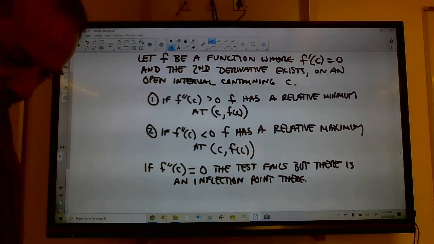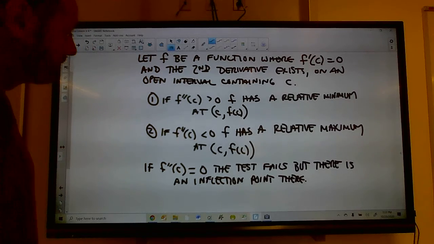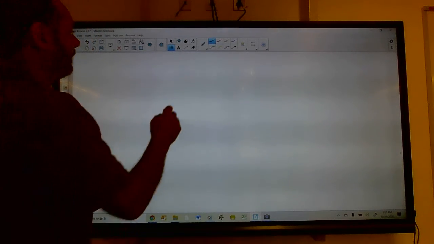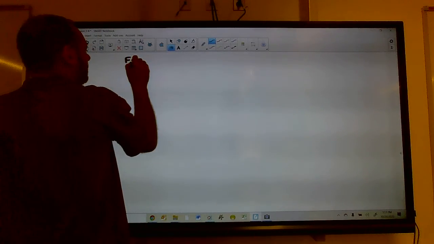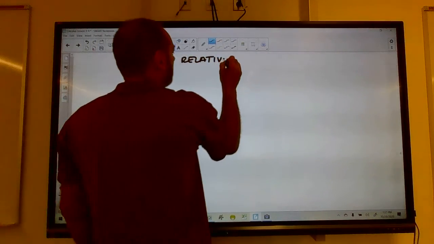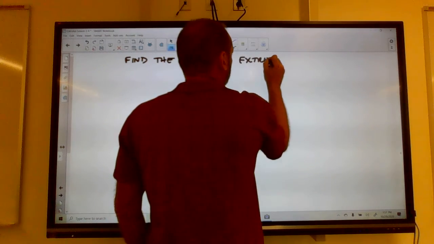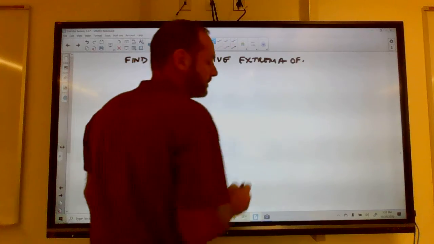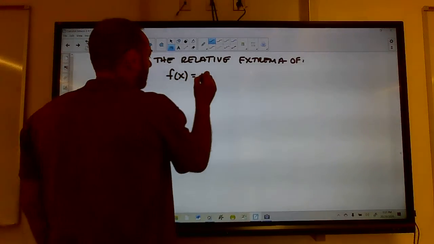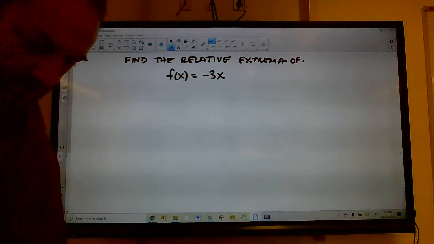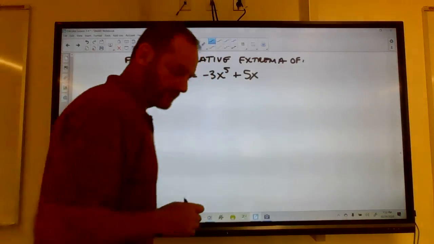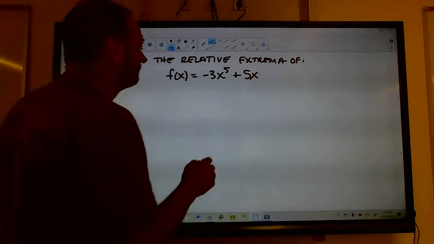Okay, let's do one more example here. Find the relative extrema of f of x equals negative 3x to the 5th power plus 5x to the 3rd power.